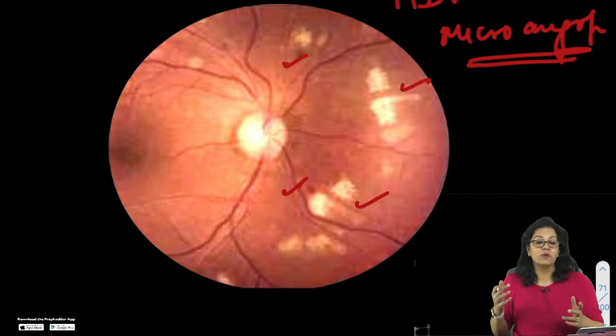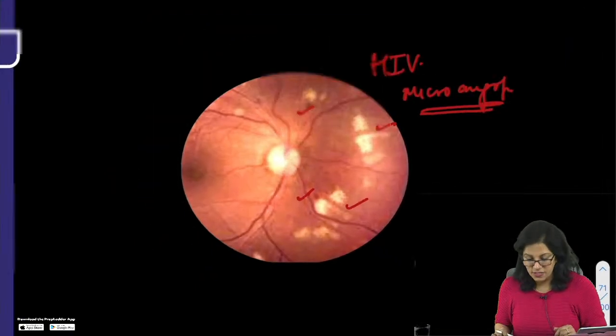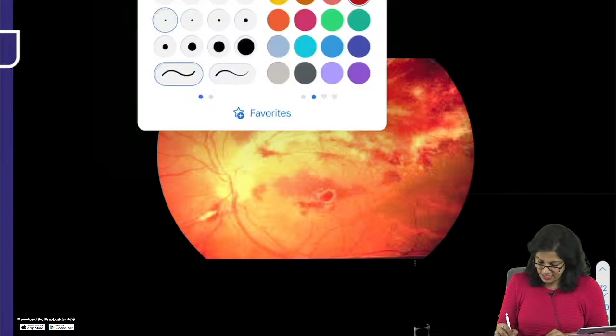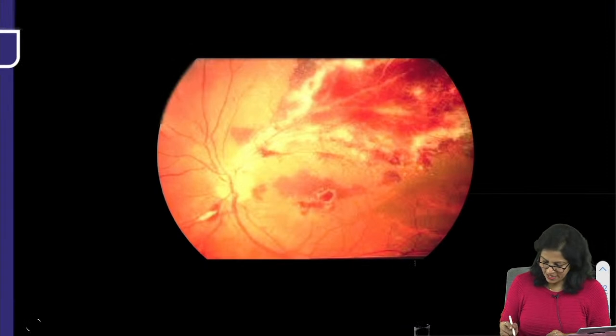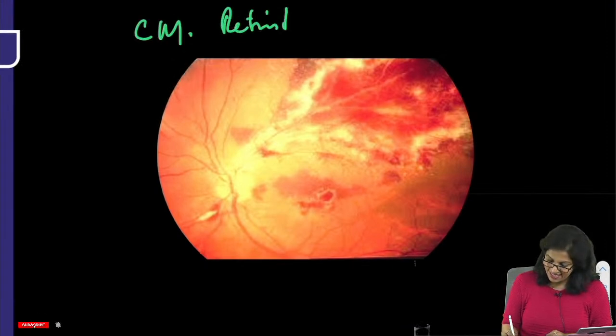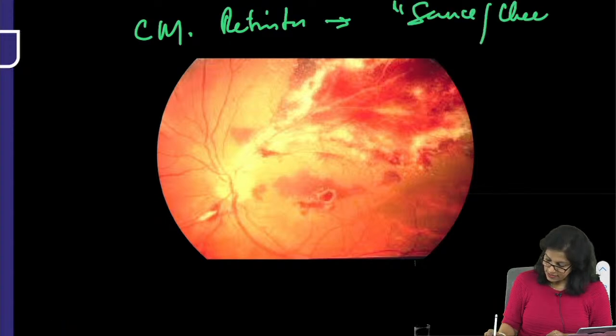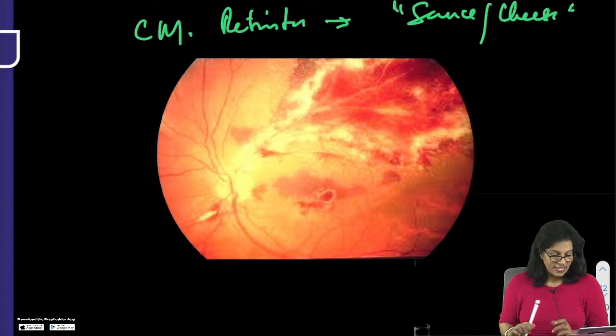It's a serious condition, more hypoxia, more damage of the axons. Okay, what is this? This is a CMV retinitis showing sauce and cheese retinopathy. What about pizza pie?